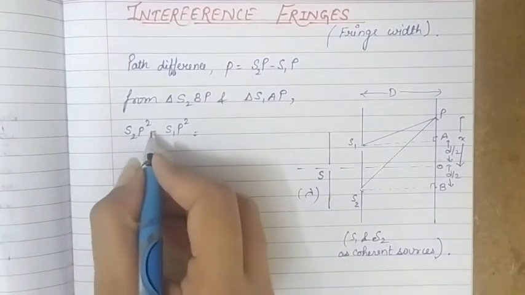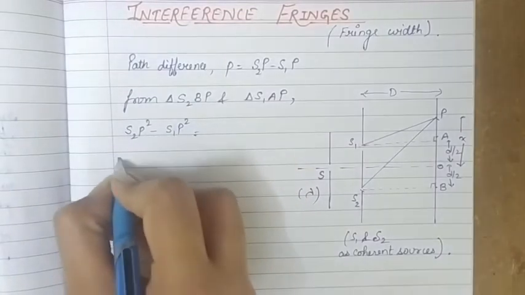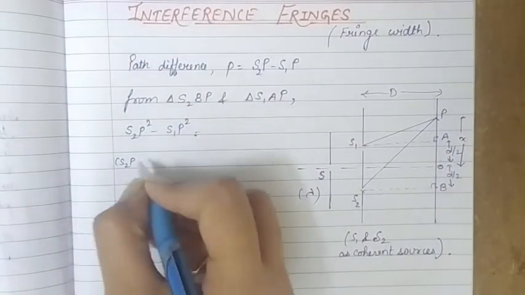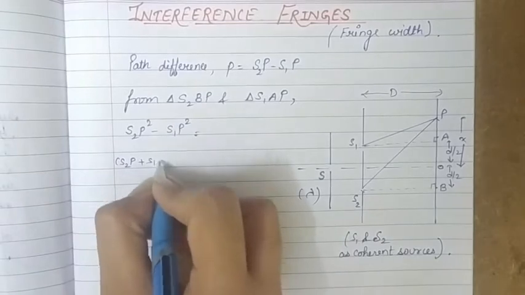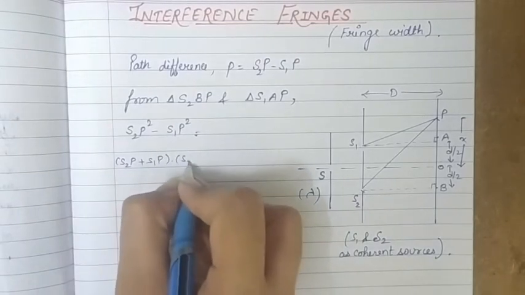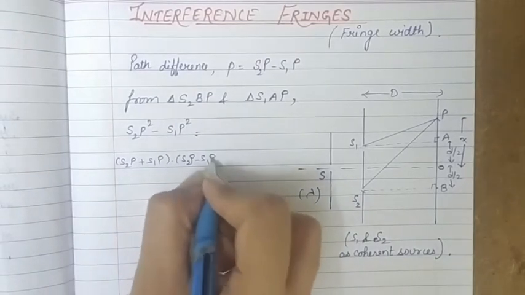So the left hand side, S2P square minus S1P square, can be written as S2P plus S1P into S2P minus S1P. This is the left hand side.